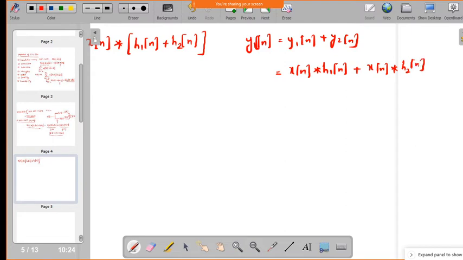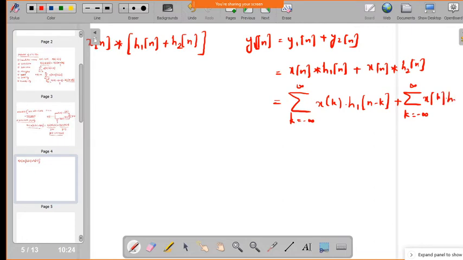Now you can write it in the summation form, that is, summation k equal to minus infinity to plus infinity x of k into h1 of n minus k, plus the summation k equal to minus infinity to plus infinity x of k into h2 of n minus k.